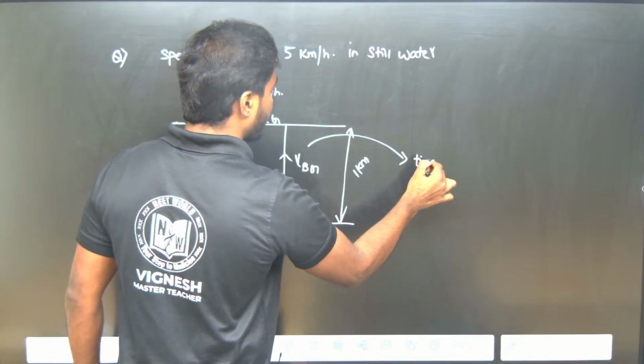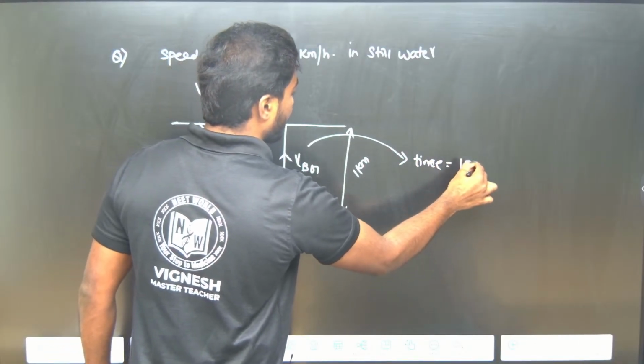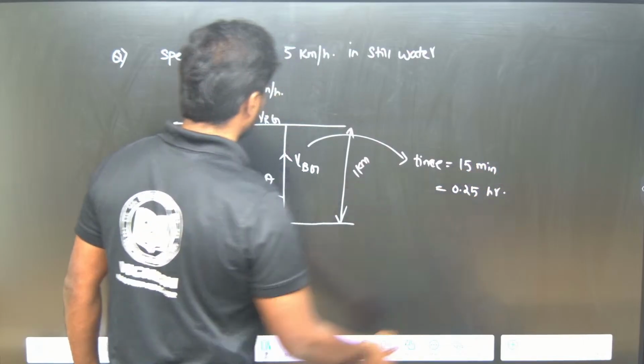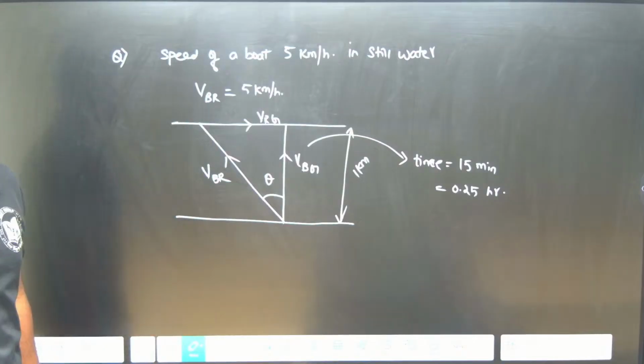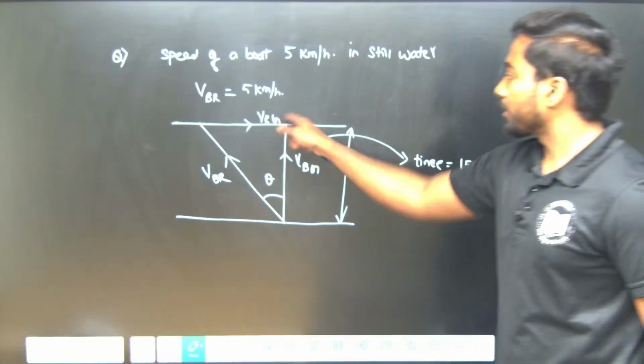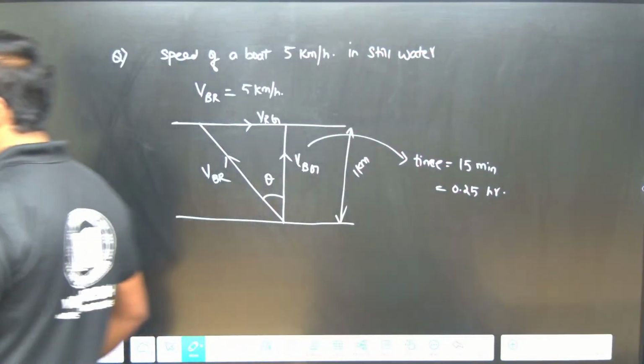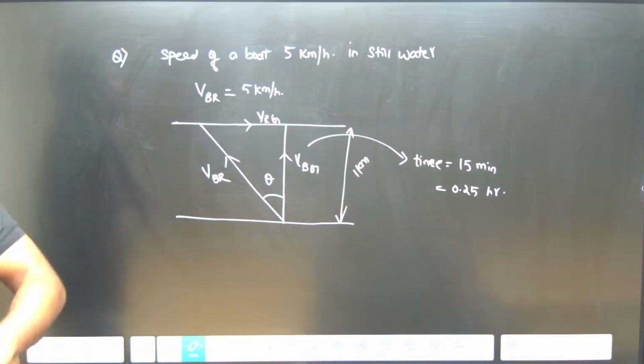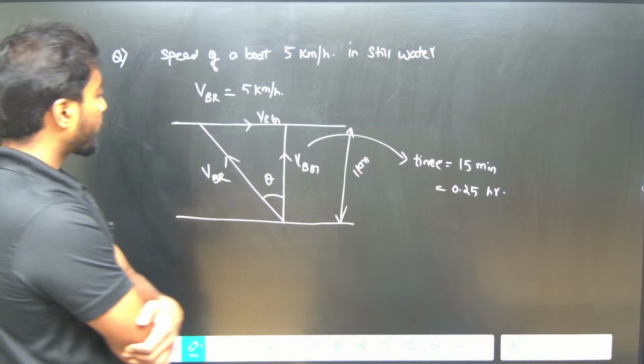Time taken is 15 minutes, which is nothing but 0.25 hours, in hours, like everything is given in hours. So 1/4. Yes. They are asking the velocity of the river.